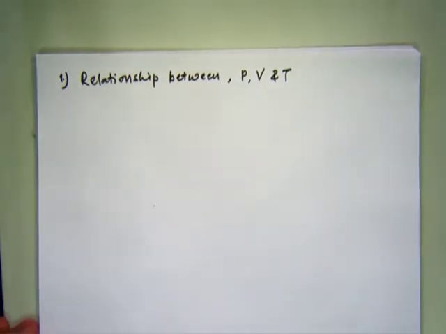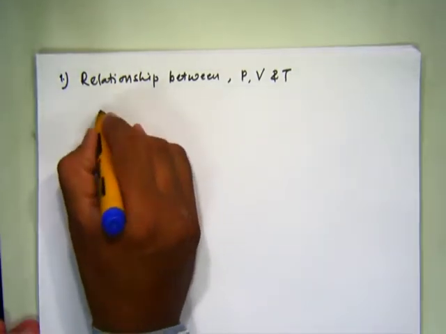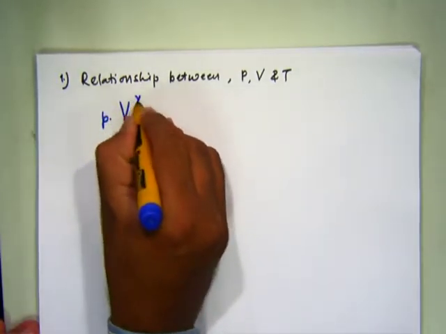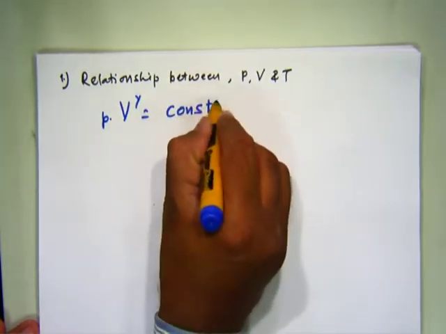The relationship in PVT: we have already seen that P into V raised to gamma is constant.